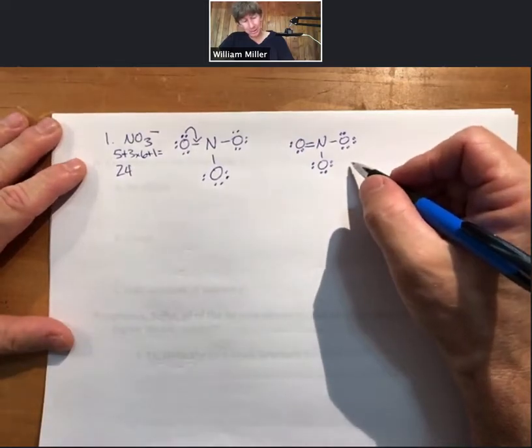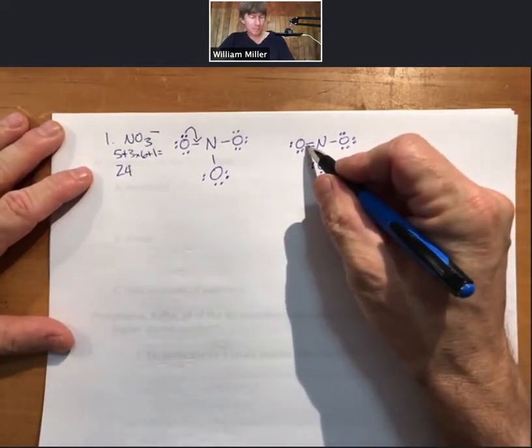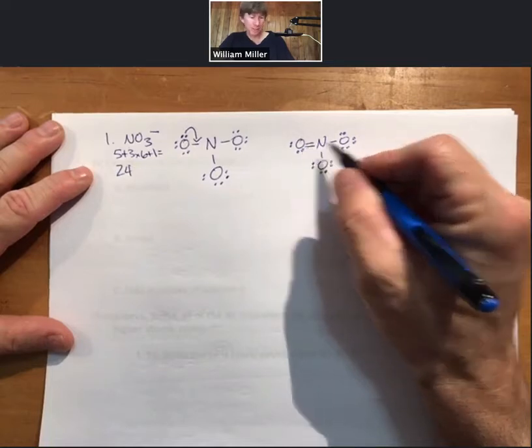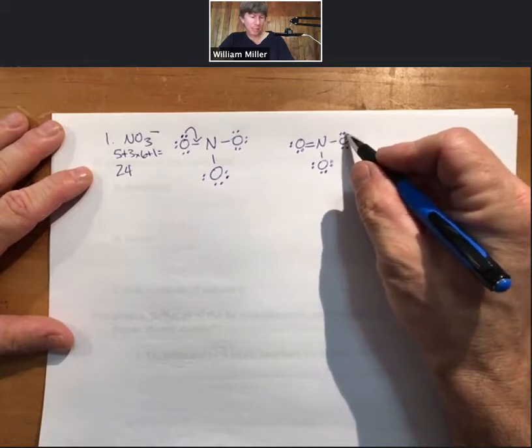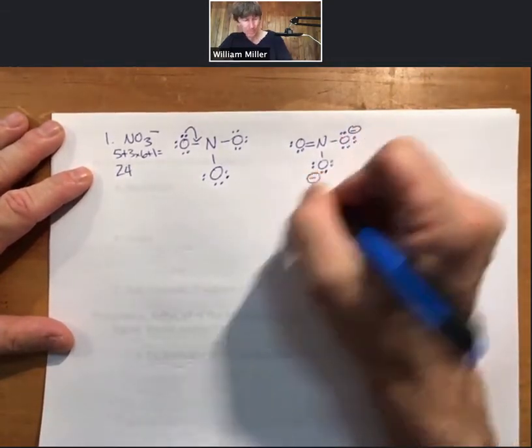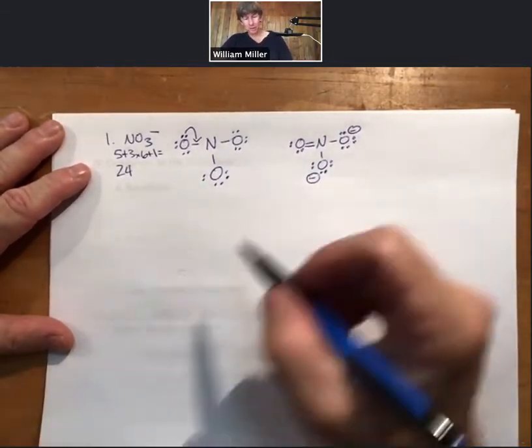And now let's do a formal charge analysis. We see oxygen with 2 bonds. Oxygen with 2 bonds is going to have a formal charge of 0. Oxygen with 1 bond and 6 electrons is going to have a negative formal charge.